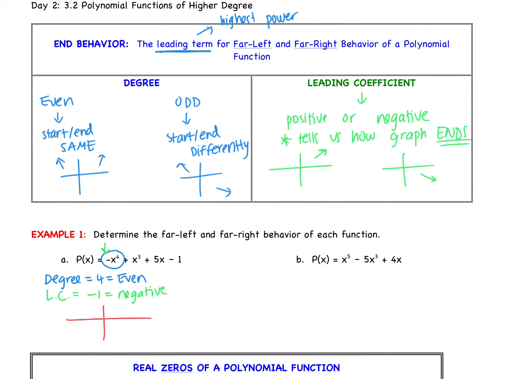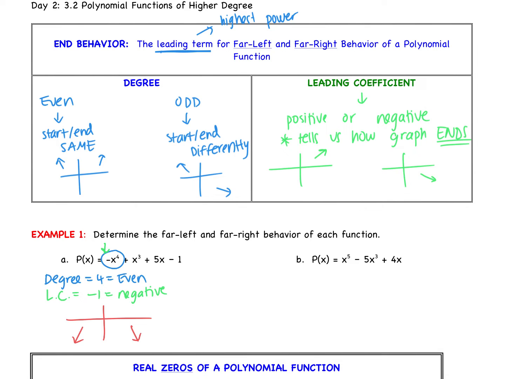Starting with the lead coefficient. If our lead coefficient is negative, what that means is our graph will end down. So that's what you're going to start with. We know the graph ends down. Because our degree is even, we know that our graph will start and end the same. So if we end down, we also start down.